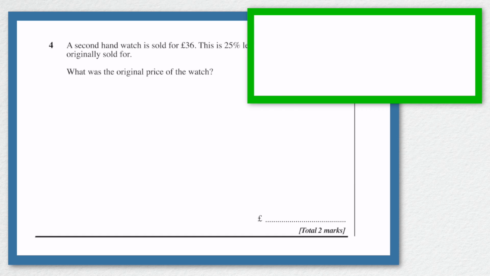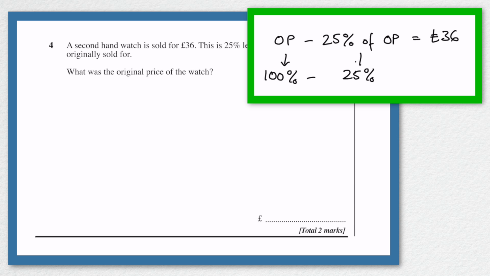Again, here's what I'm thinking. The original price, subtract 25% of the original price, is equal to £36. This means that the £36 is 75% of the original price, because we have subtracted 25% away from the original price. So think of the original price as being the 100%.